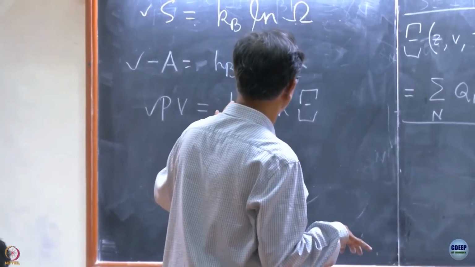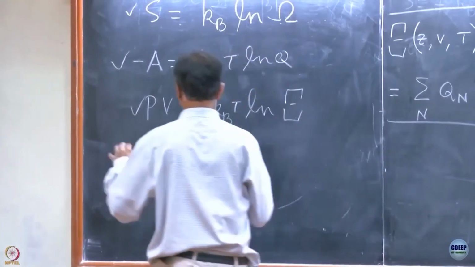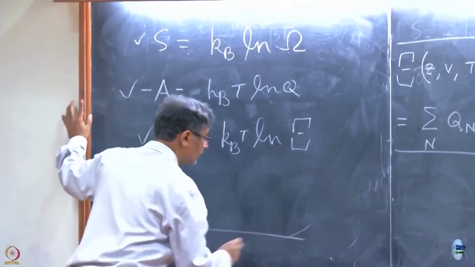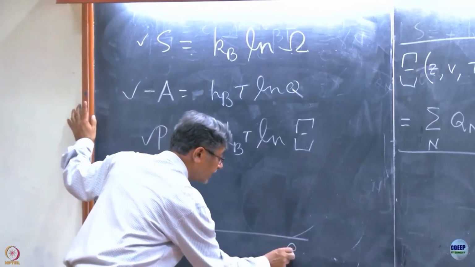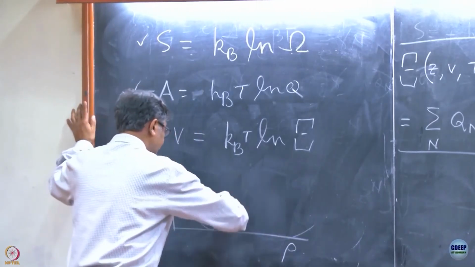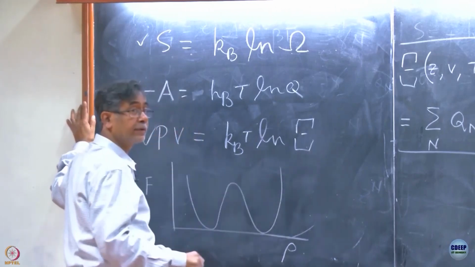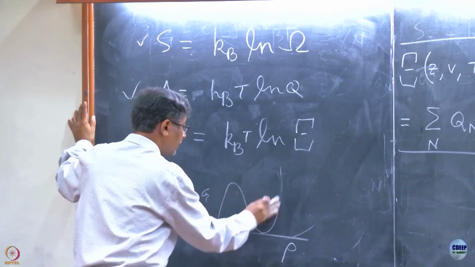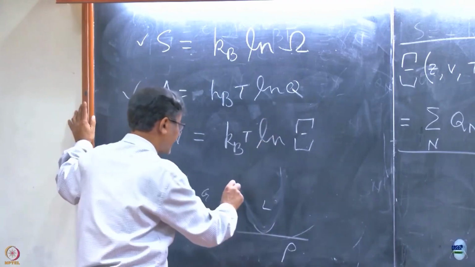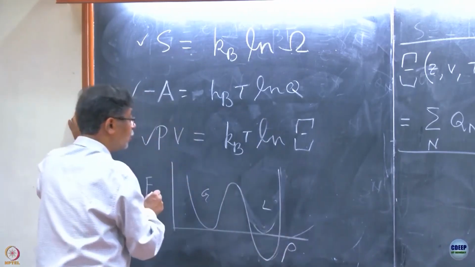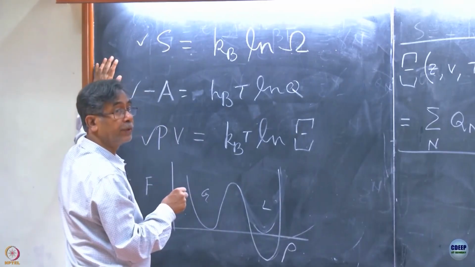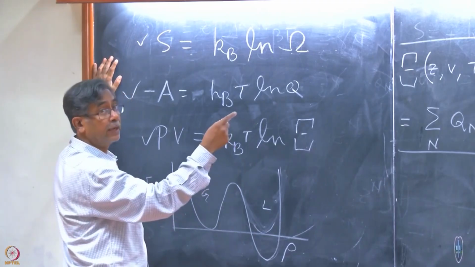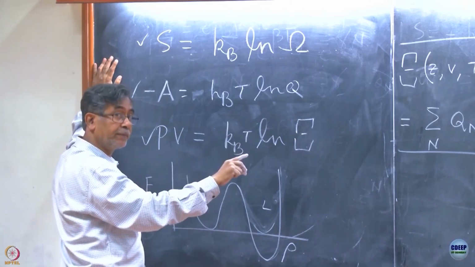This calculation will show how it selects, because if I plot the free energy, let us be very simple, gas liquid, against density, then at coexistence they have the same free energy. But when I go below, so this is liquid, this is gas, but when I go to lower temperature, because temperature is the control parameter, then this becomes like that. So, when I now do my statistical mechanics and calculate the free energy and minimize the free energy or maximize the thermodynamic potential, if I am in grand canonical, then I have to maximize PV, okay.